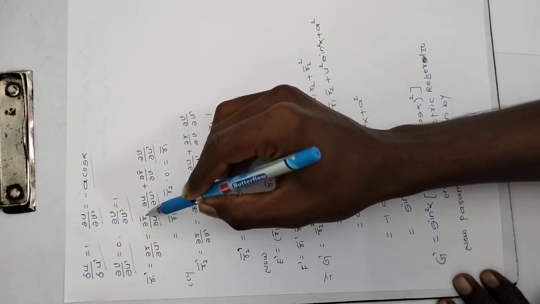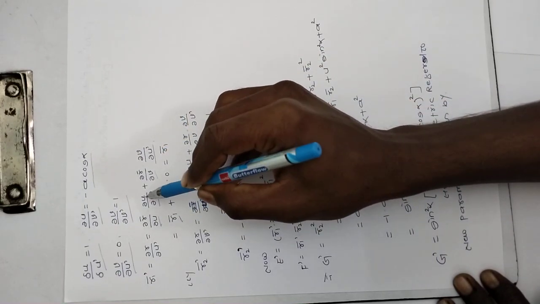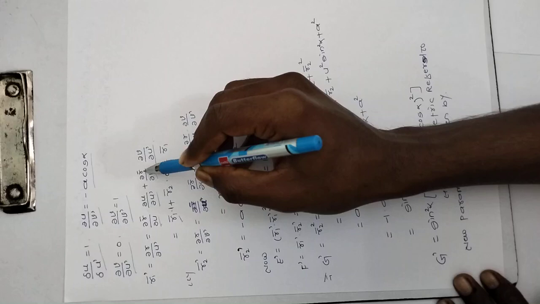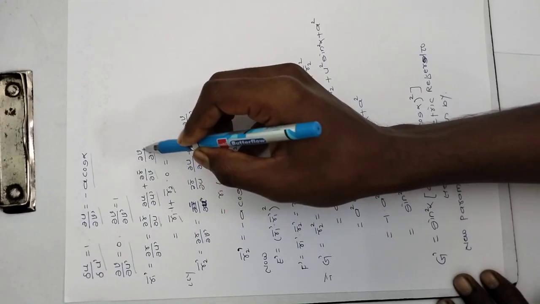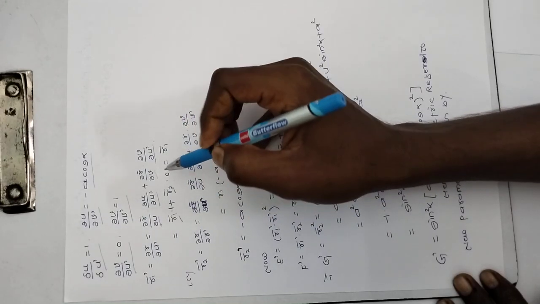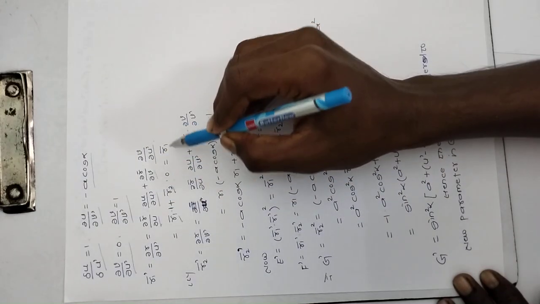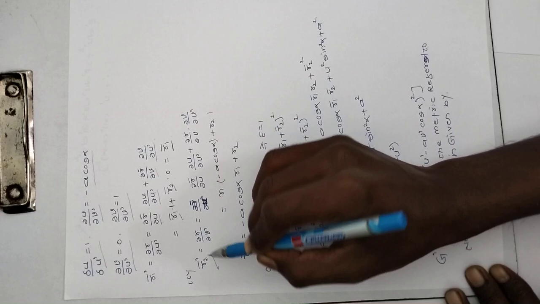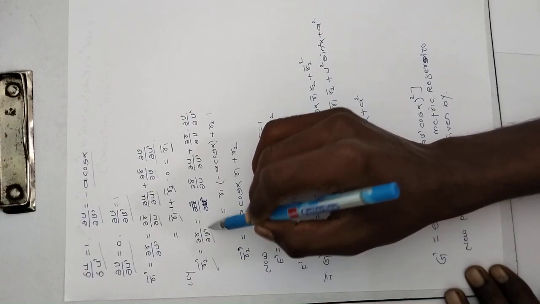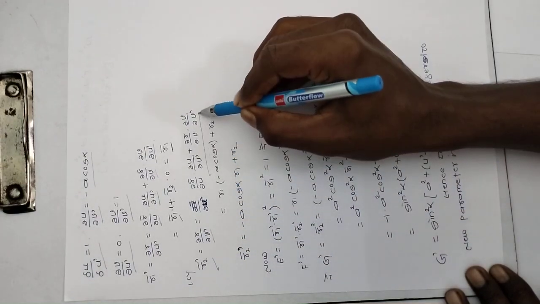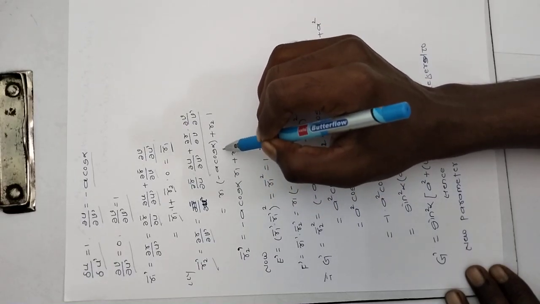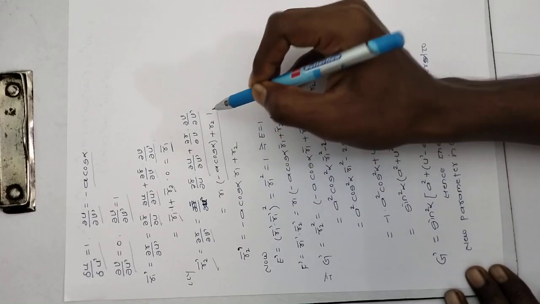So the value of del R by del U is R1 and the value of del U by del U dash is 1, so plus del R by del V is R2 and del V by del U is 0, so R1 bar dash is equal to R1 bar. Similarly we find R2 bar dash, del R by del V dash, by applying the chain rule we get R1 in bracket minus A cos alpha plus R2, so this is A R2.